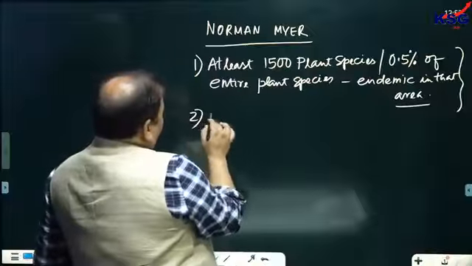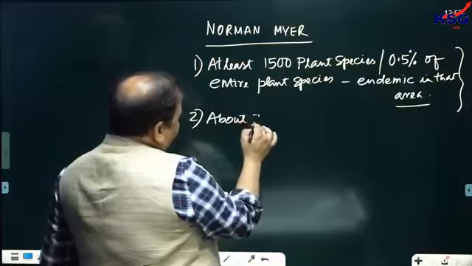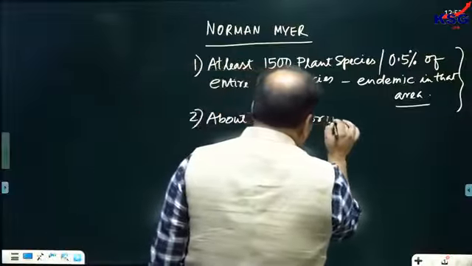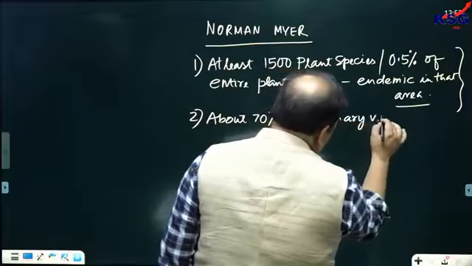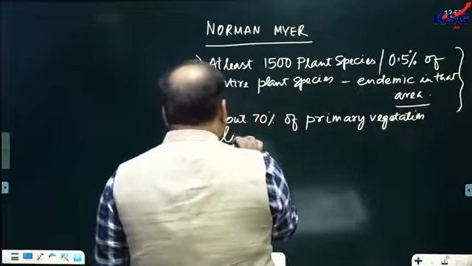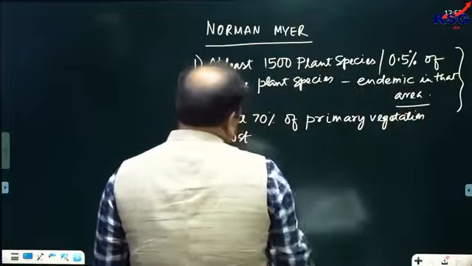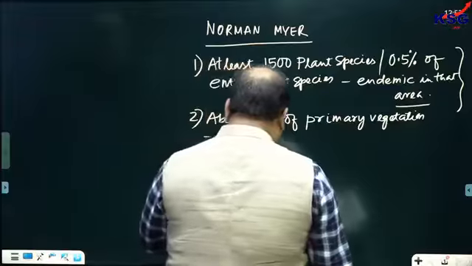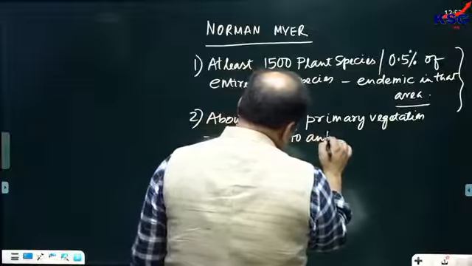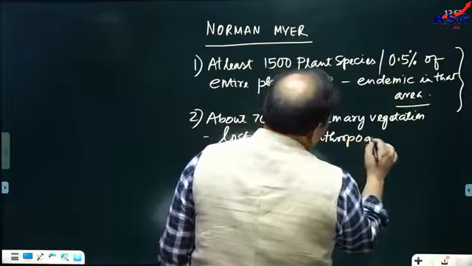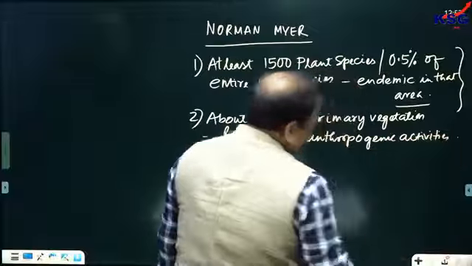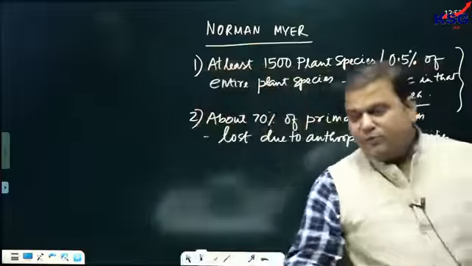Second, about 70% of primary vegetation has been lost due to anthropogenic activities, human activities.